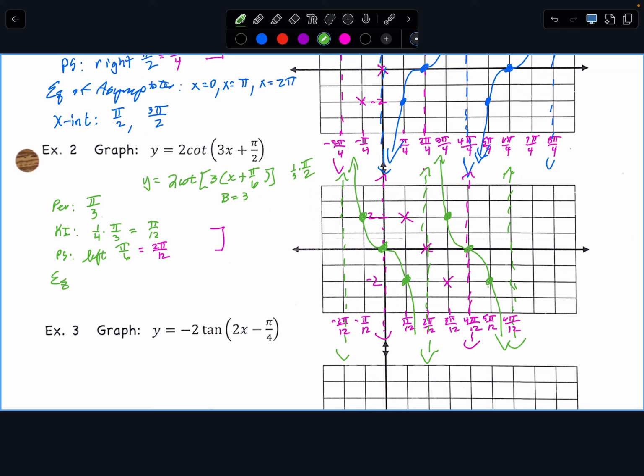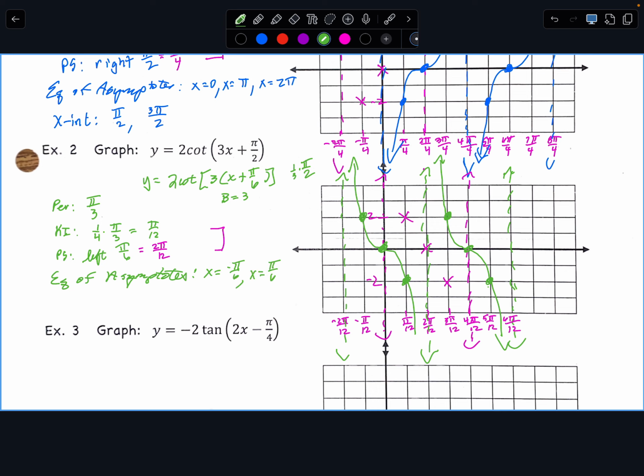And so then you have your equations of the asymptotes. x equals negative pi 6 and x equals pi 6.